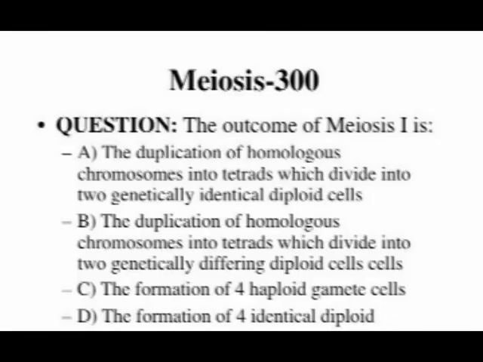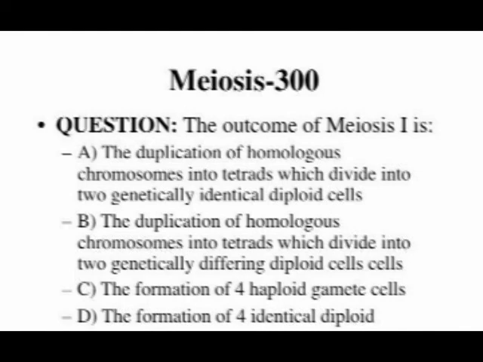Okay, we're going to do meiosis for 300 points. And the question is, the outcome of meiosis 1 is A, the duplication of homologous chromosomes into tetrads, which divide into two genetically identical diploid cells. B, duplication of homologous chromosomes into tetrads, which divide into two genetically differing diploid cells.